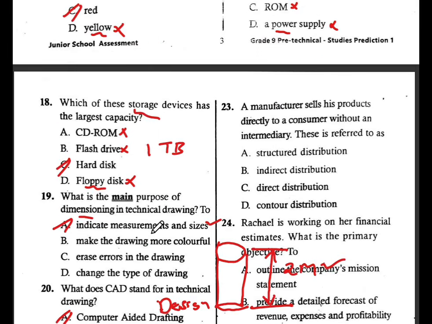Question number 23. A manufacturer sells his products directly to consumers without an intermediary. This is referred to as, A, structured distribution. B, indirect distribution. C, direct distribution. And D, contour distribution. So hapa tuko na manufacturer anauzia consumer directly. Hakuna intermediary.